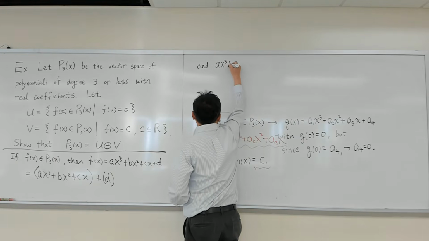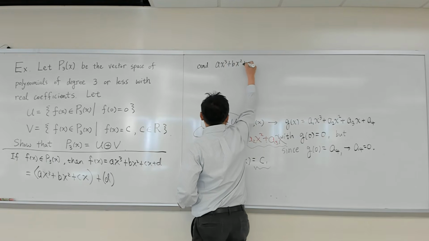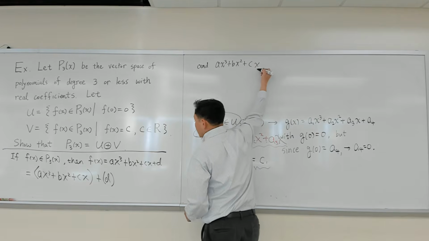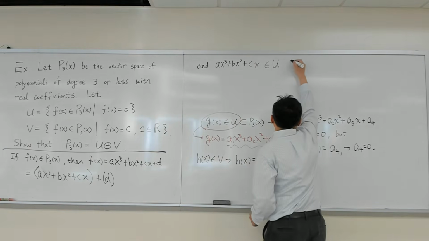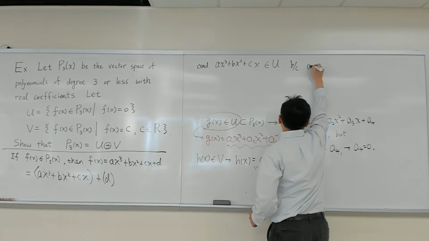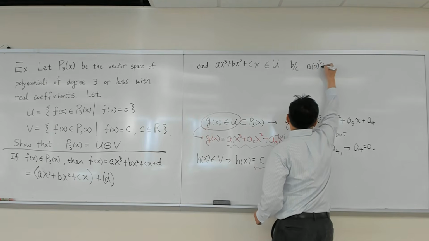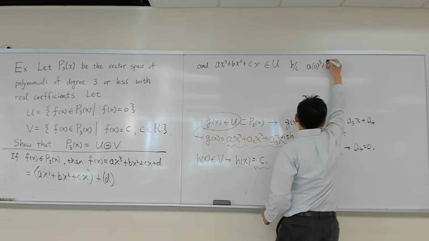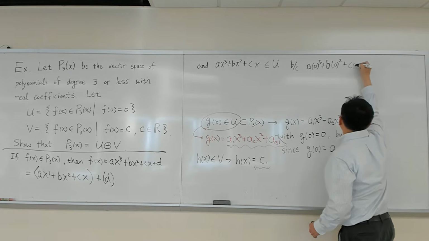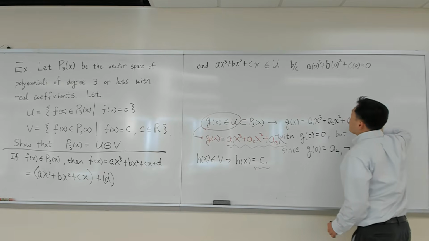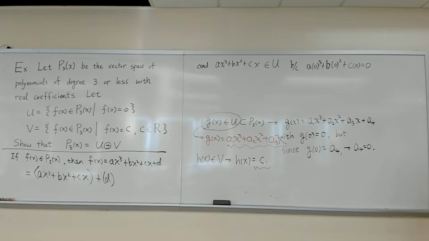And ax cubed plus bx squared plus cx is in U because if you plug in 0, this is equal to 0. Okay? These are polynomials. If you plug in 0, you get 0.